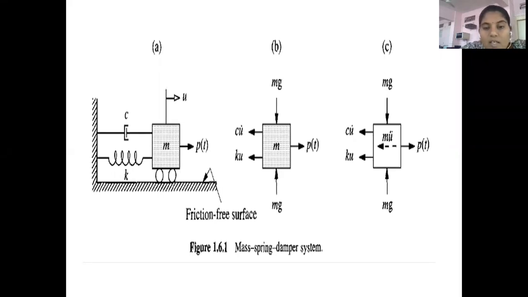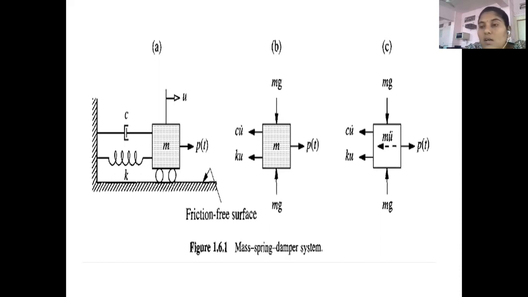ओके, आणि याचं स्प्लिटिंग केलेलं आहे, that is the C into U dot, means C changes with respect to the velocity. K into U, that is K changes with respect to the displacement. P of T is nothing but an external force, and the inertia force is ma, that is the mass into acceleration.